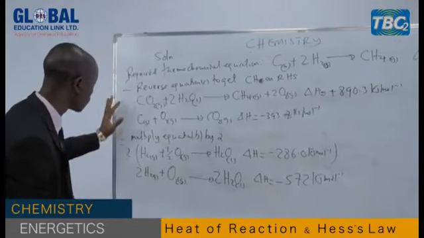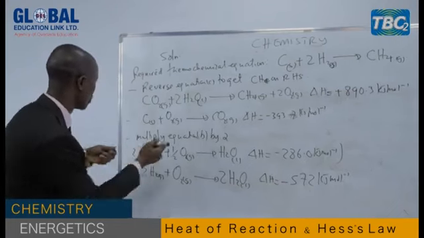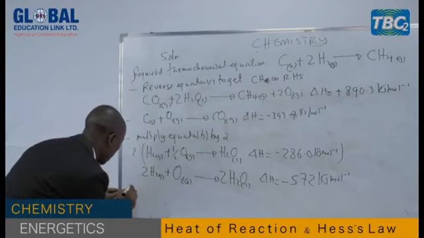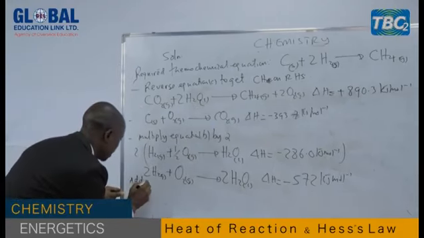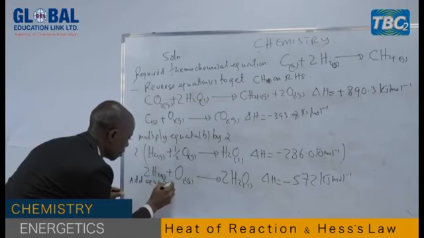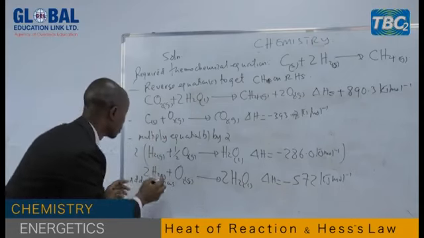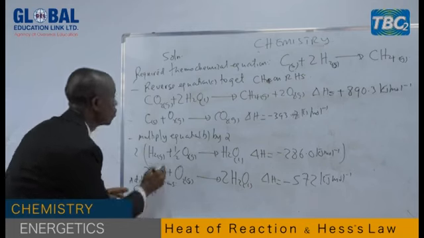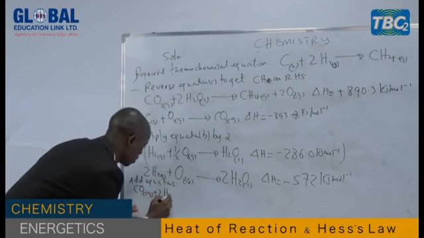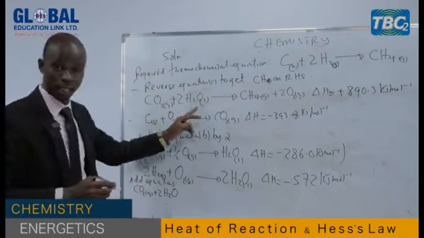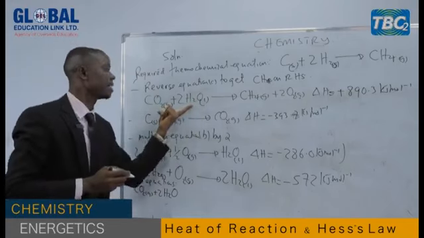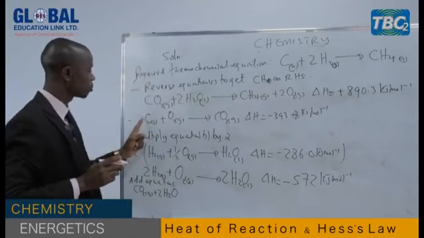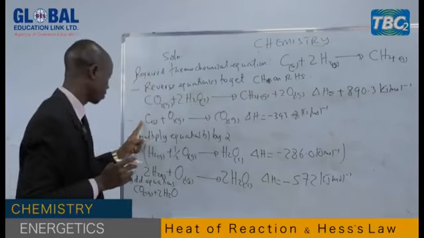Starting with the reactants for the first manipulated equation, you write the reactant, which is carbon dioxide. So here you add equations. The first one is carbon dioxide gas reacting with water, liquid. Now we go to the reactant for the second equation.